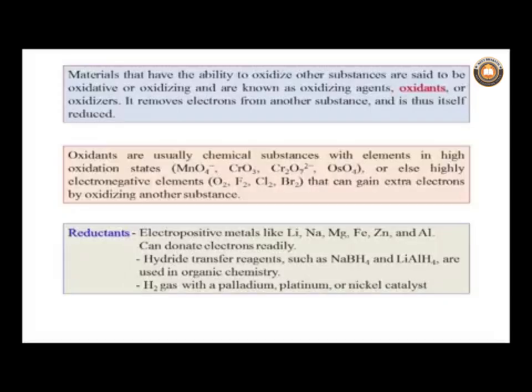They provide not only hydrogen gas, but H minus, which is the hydride ion. So, the hydride ion will transfer electrons very easily to some organic molecules. So, hydrides are also very good reductants, and industrially important is also the hydrogen gas itself.